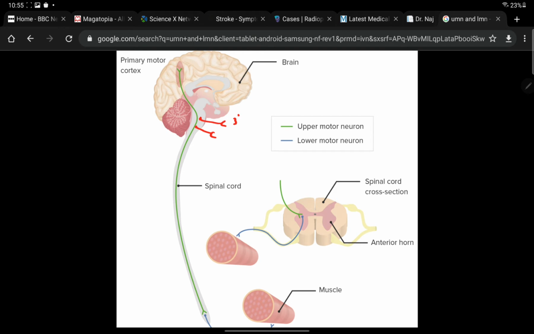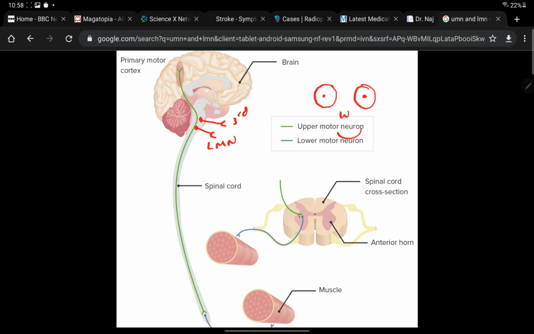For example, this is the third cranial nerve. It has the motor nucleus. The cranial nerves which have a motor nucleus are also included in the lower motor neuron. That means the lower motor neuron can pass by the cranial nerve or the spinal nerve. I will give you an example.